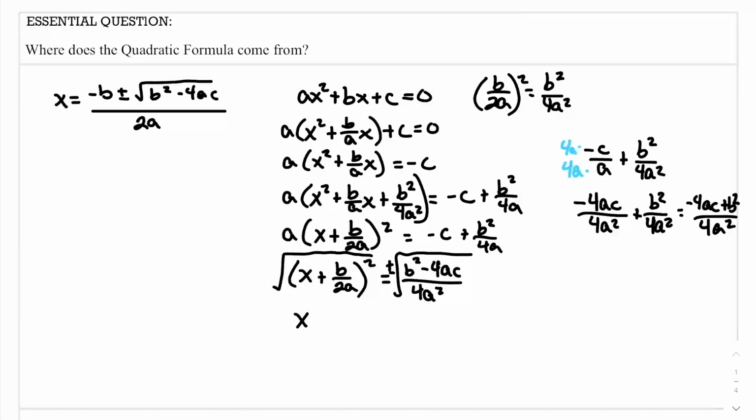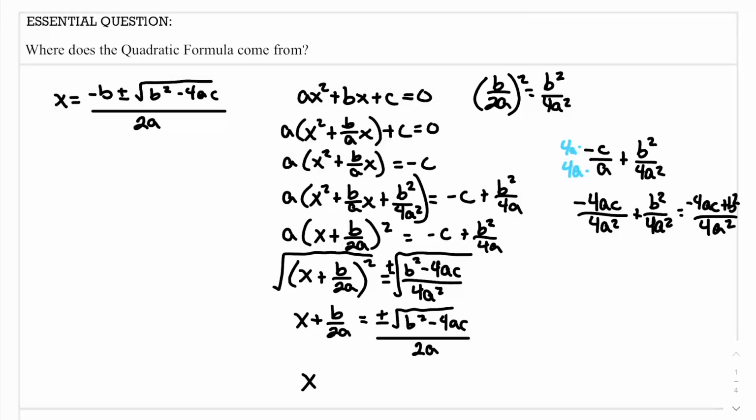That's going to give us x plus b over 2a equals plus or minus the square root of b squared minus 4ac. And then now we can simplify this part. The square root of 4a squared is 2a. Then we can subtract our b over 2a.